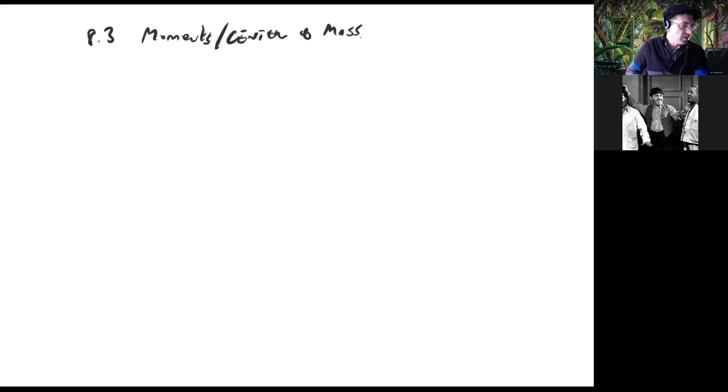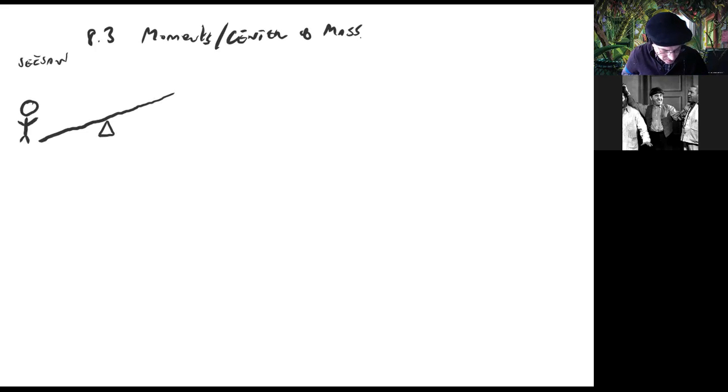Let's start off with an easy case. Suppose you have, it's well known that if you have a seesaw and you have two persons on it, maybe an adult and a kid.